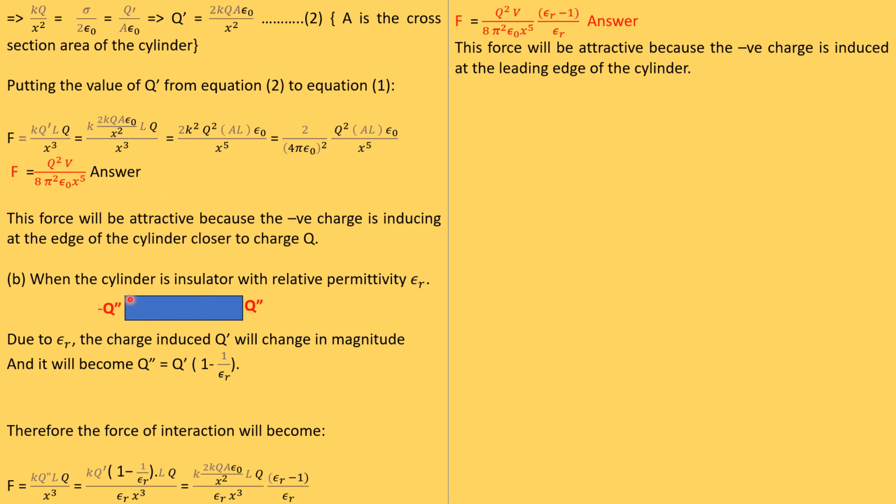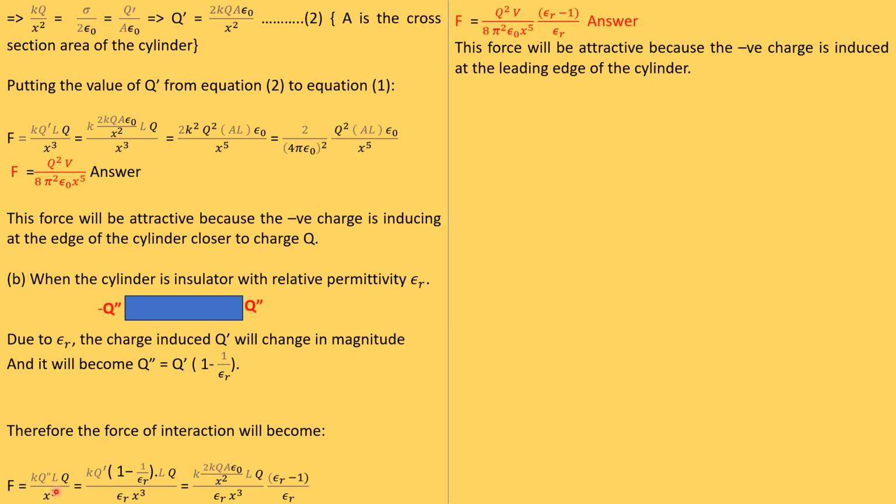When the cylinder is insulating with relative permittivity epsilon r, what will happen? The induced charge will become different. We call the induced charge q double prime. By formula, we know that q double prime will be the q prime from when it was a conductor, into 1 minus 1 by epsilon r.